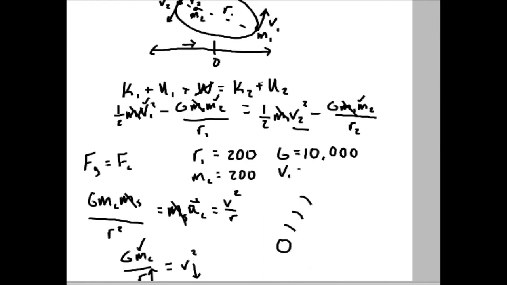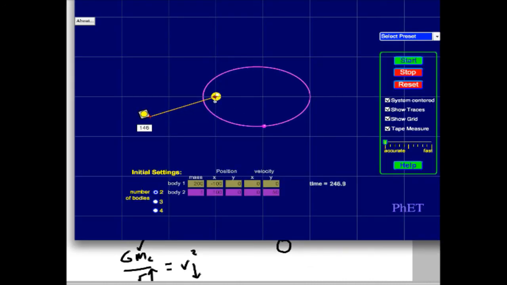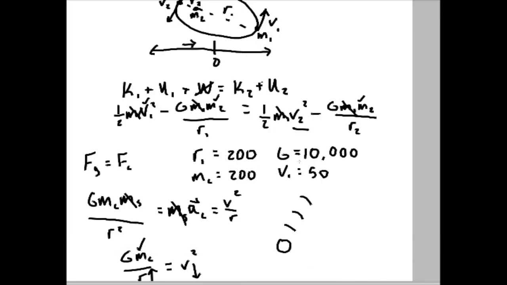So v1 was 50, and then r2, my point where I am closest to the star, is going to be, let's go with 30. So r2 is 30. And I want you to solve for that velocity at that closest point.